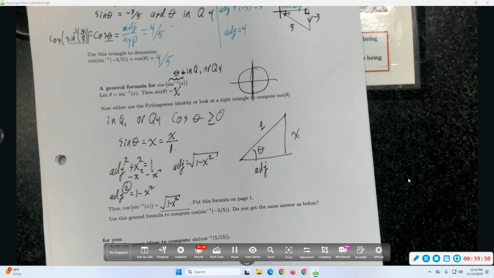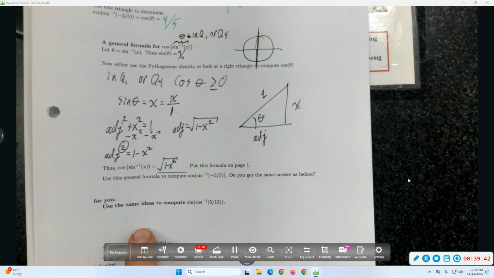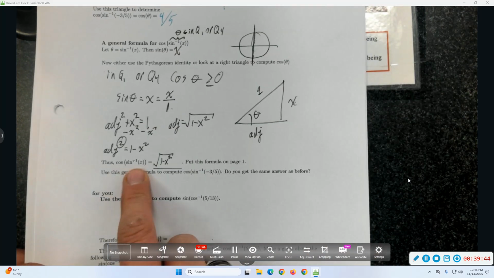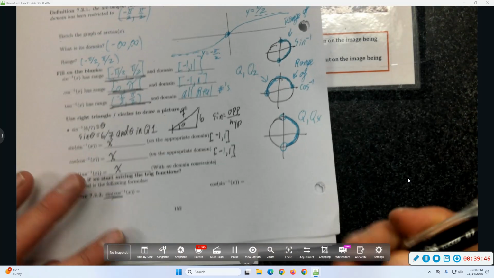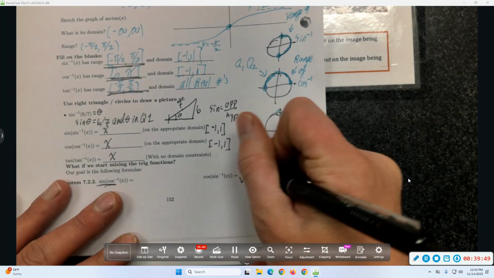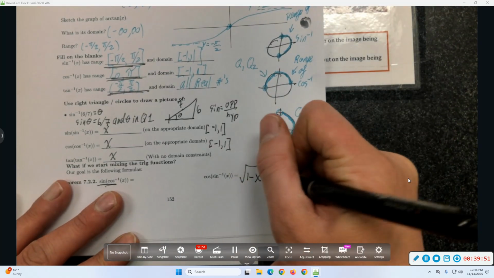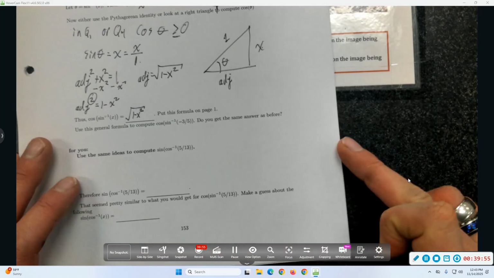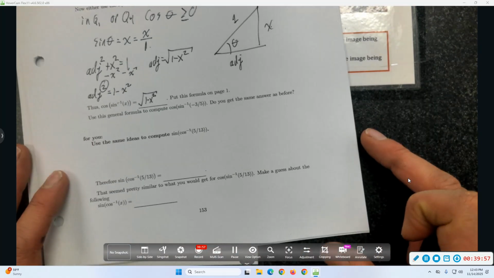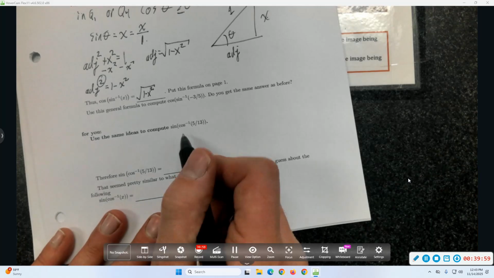If I asked you to set that equal to, I don't know, 2/5 and solve for x, you could by just doing algebra. You wouldn't have to do any trigonometry at all. So that's kind of neat. And I think that's worth putting in the formula spot on the previous page. Cosine of the inverse sine of x is always the square root of 1 minus x squared. Feel pretty good? Groovy.